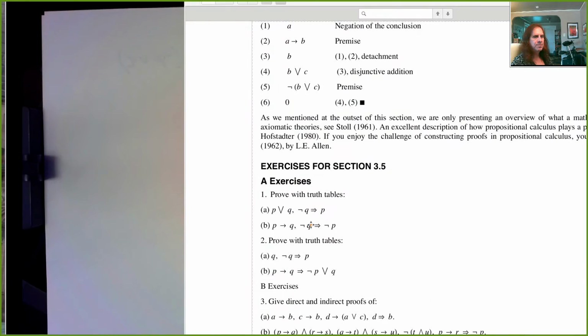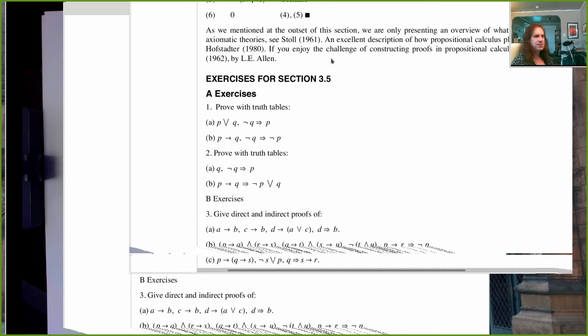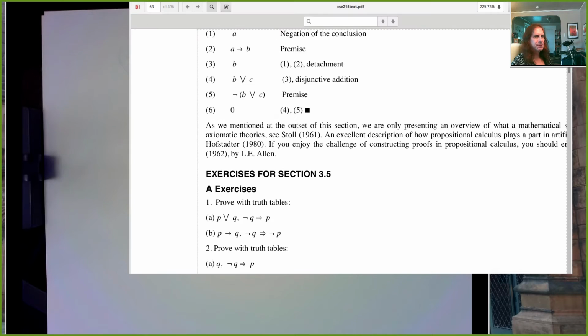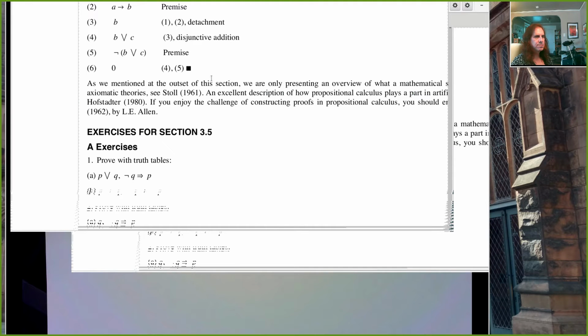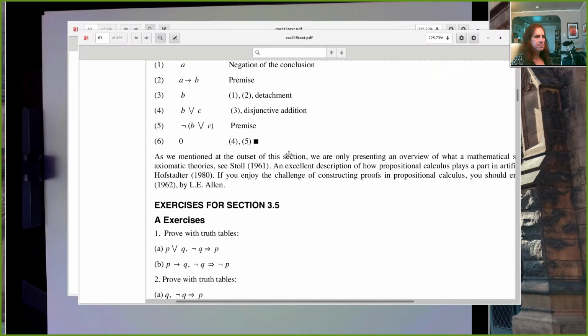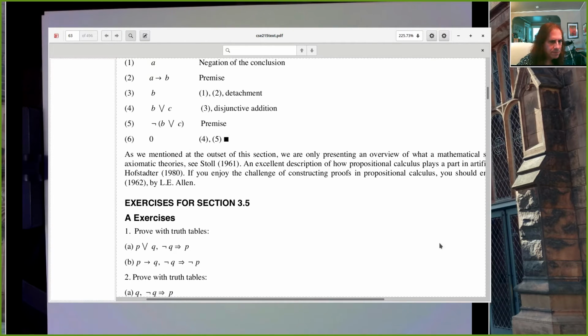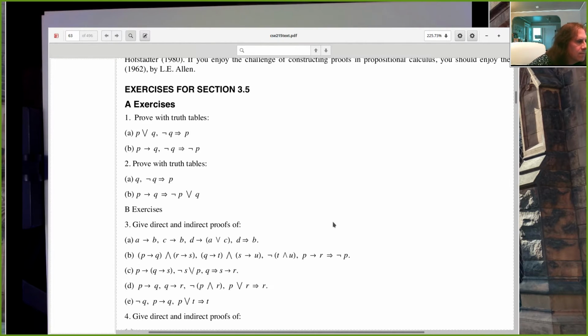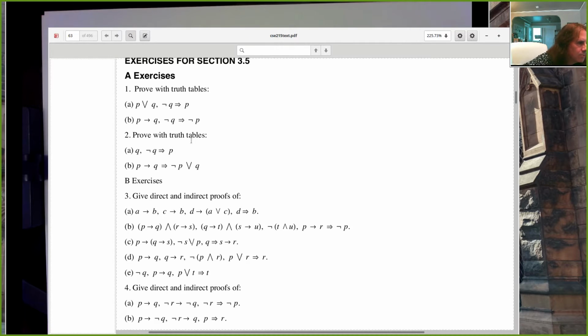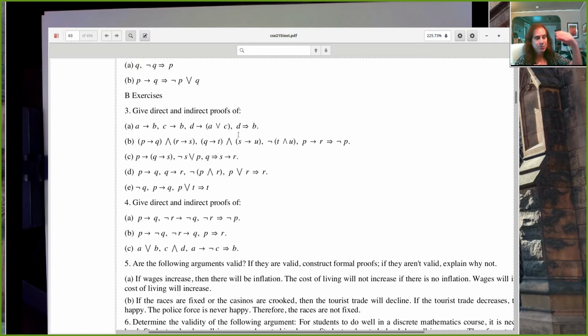And so let's play with some exercises. So we can prove with truth tables, right? And that's just kind of a mechanical process. But we're interested in actually coming up with formal proofs.